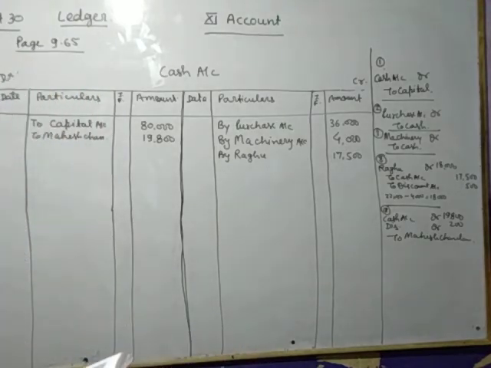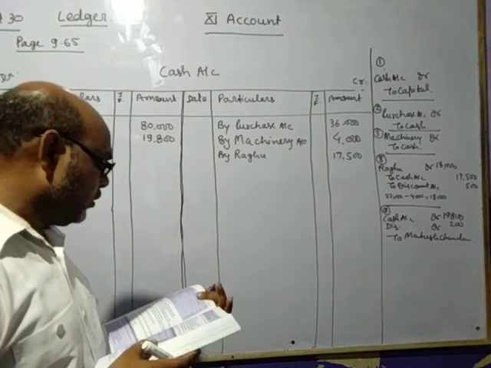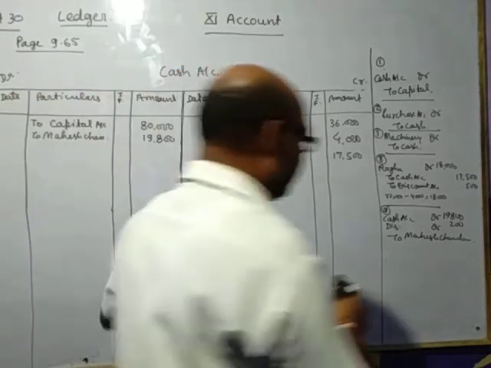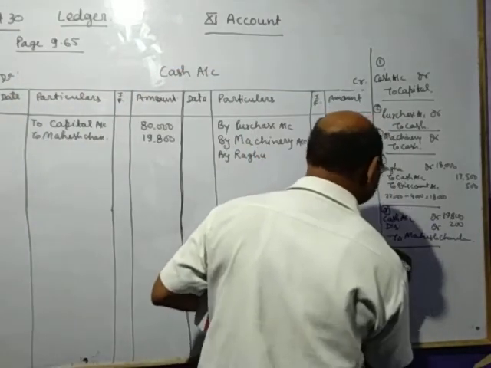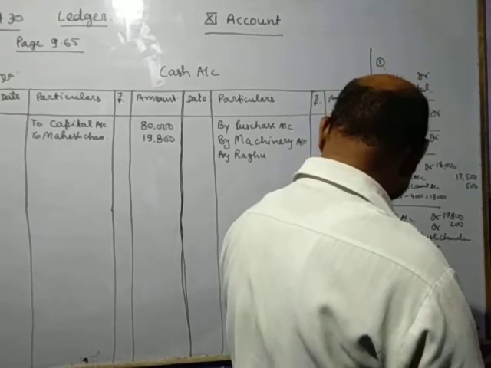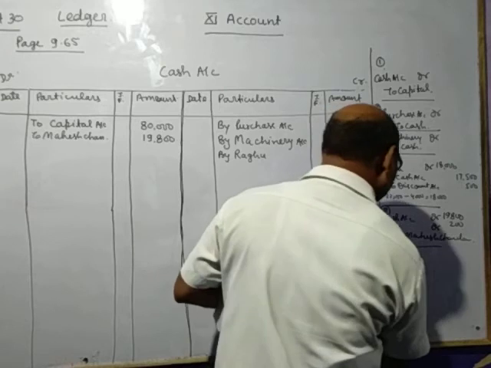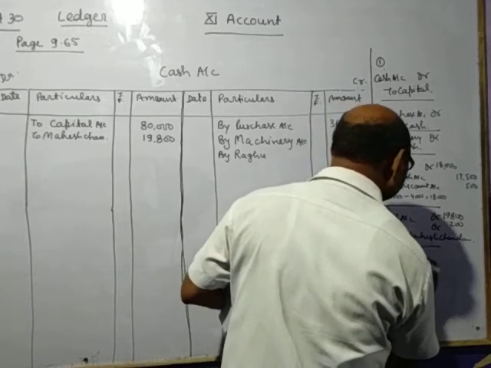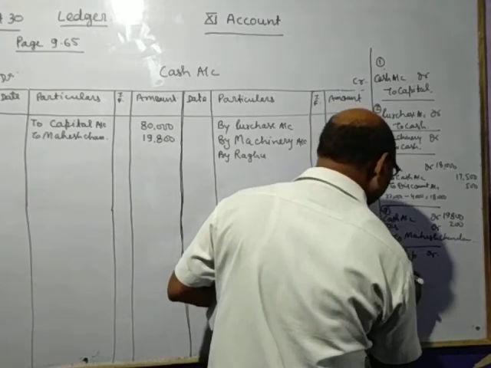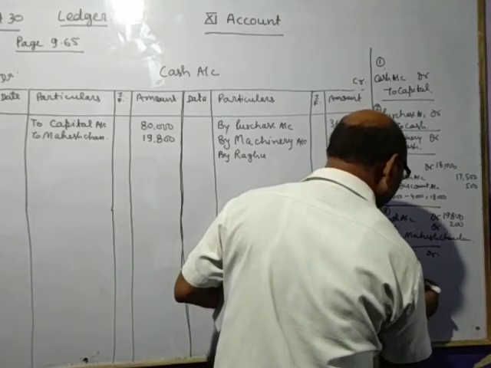Next, paid cash to Dilip. So Dilip debit to cash account, to discount account. Date is given, 15. So Dilip debit to cash account, to discount account.